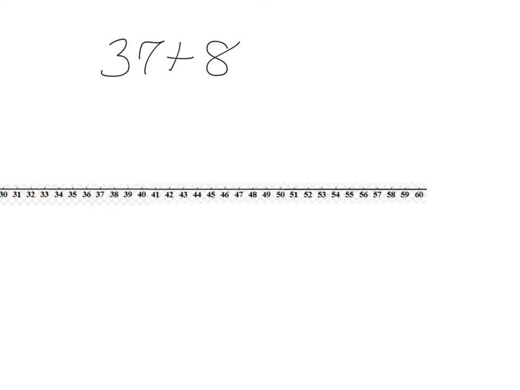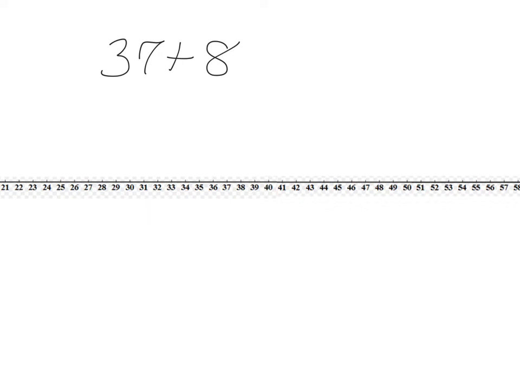Let's review how to solve 37 plus 8 using a number line. So here's a number line. Let's break apart 8 in order to make adding 37 plus 8 easier. So here's a number 37.